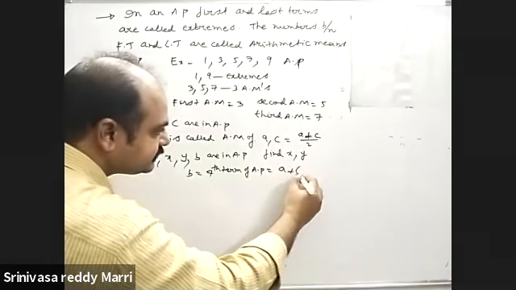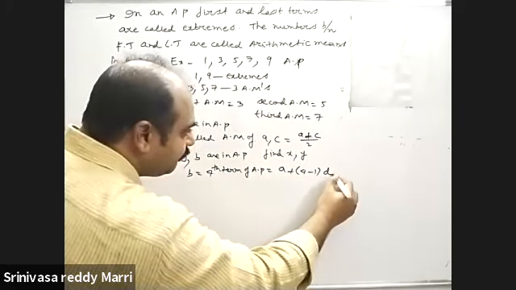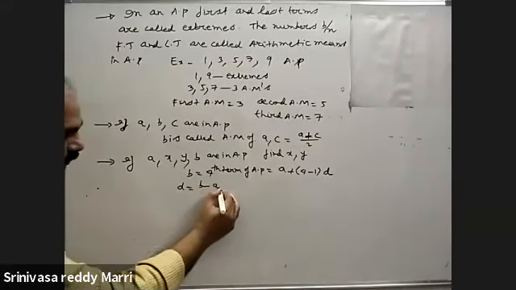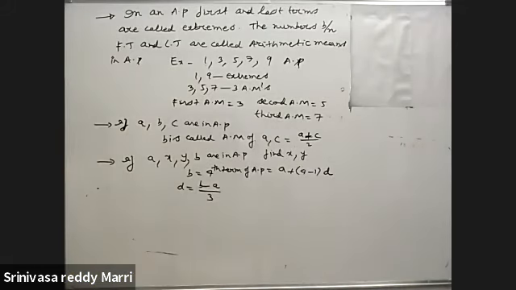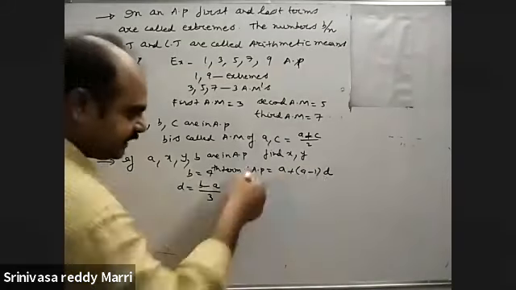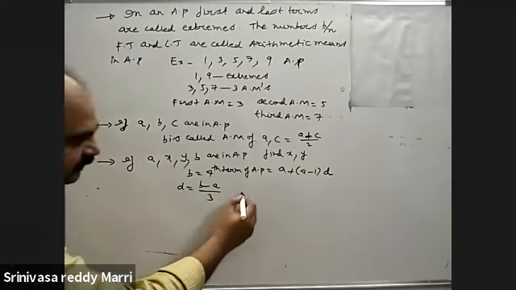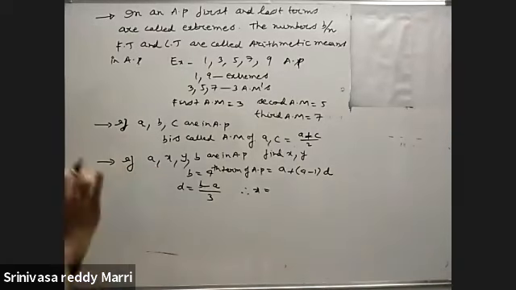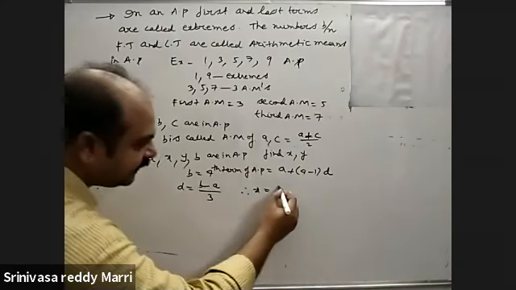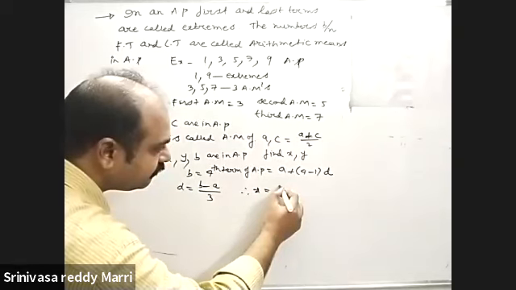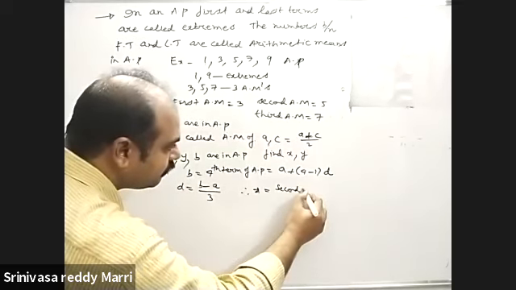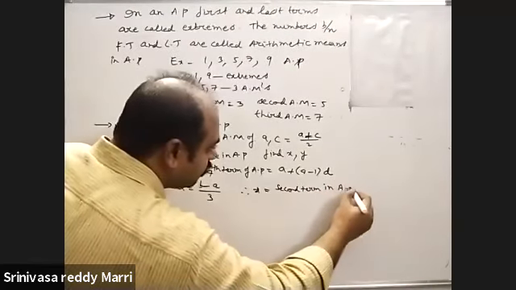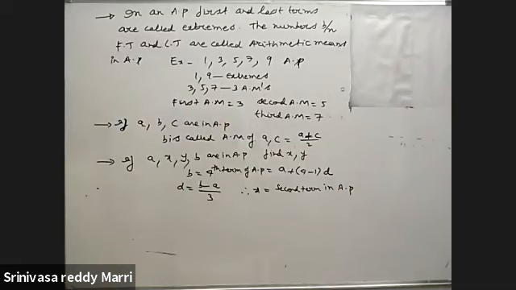So B equals A plus (4 minus 1) into D. So what is the D value you will get? B minus A divided by 3. So D is nothing but (B minus A) divided by 3. Therefore, X is how many terms in AP? The second term in AP.